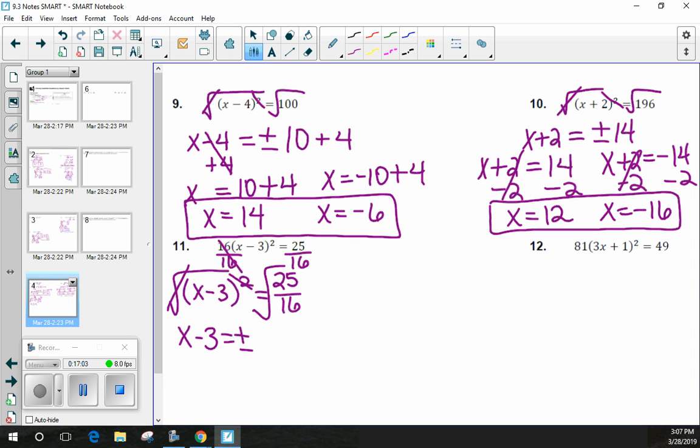What would be the square root of 25 over 16? 5/4, right? And then you can either move the 3 and find both answers, or you could set up 2 little equations. x minus 3 is equal to positive 5/4, and x minus 3 is equal to negative 5/4. Either way, you're going to add 3 to solve.